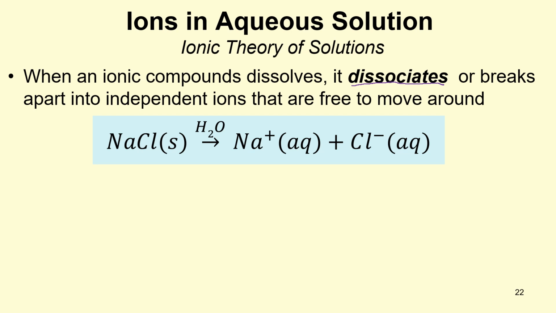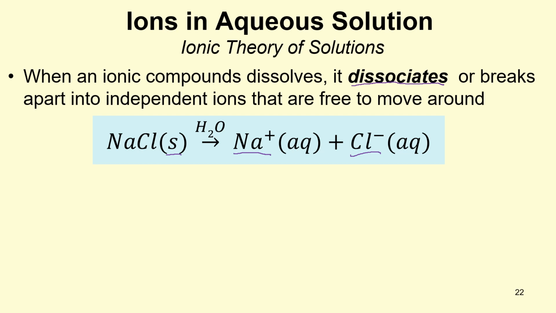If NaCl is solid and then we dissolve it in water and it dissolves, so it's aqueous, now the sodium ion separates from the chloride ion, and so we write them separate. Now, you might see sometimes when the AQ is not listed, if you see the ions separated from each other, that tells you they're aqueous, so they're in solution.